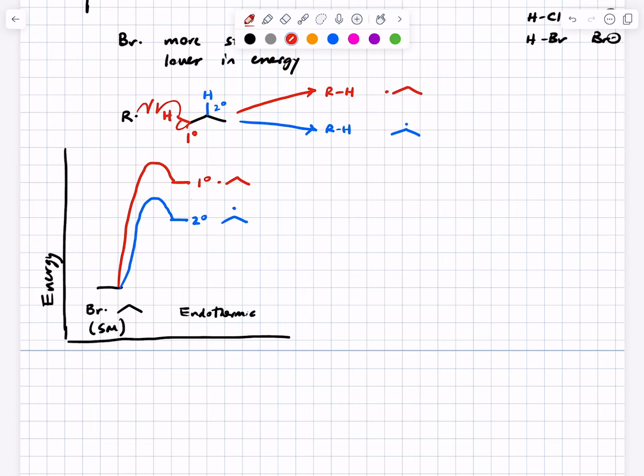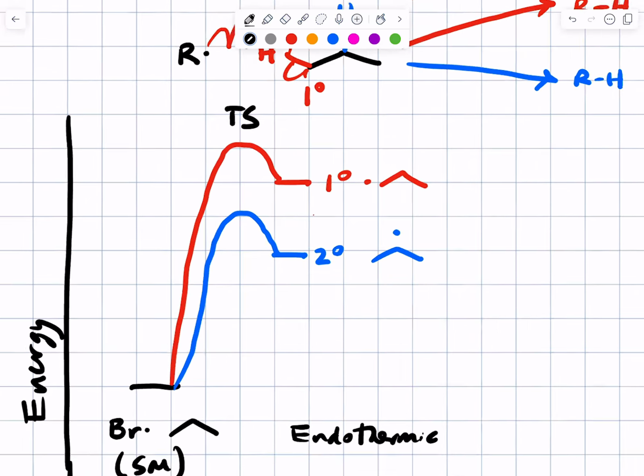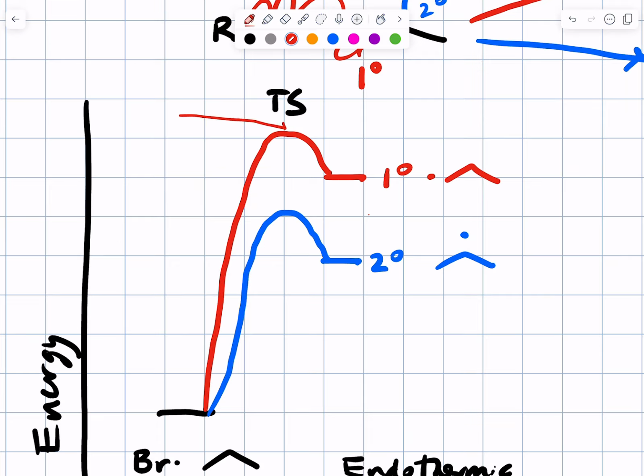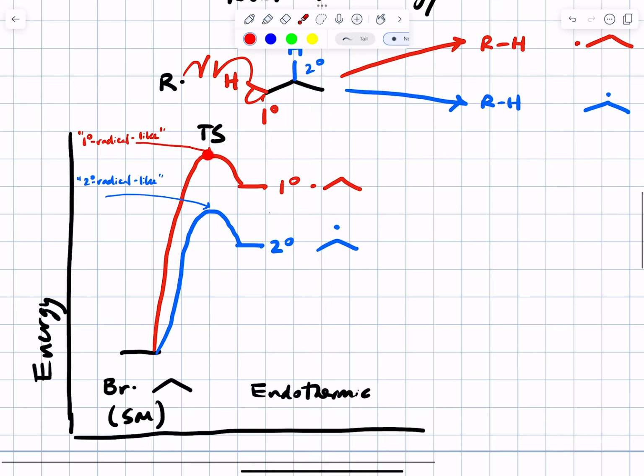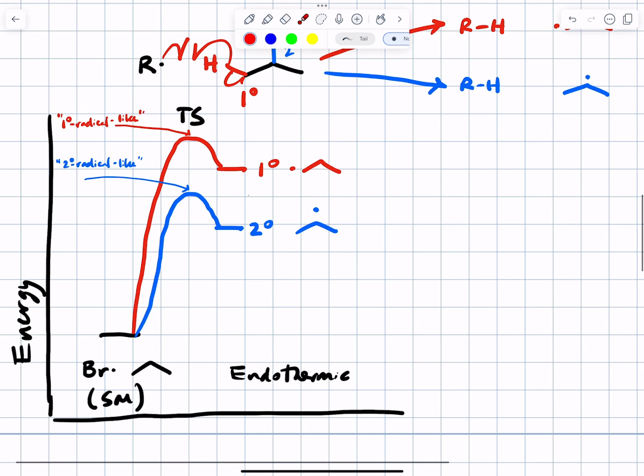In this case, the transition state that leads to the primary radical is very primary radical-like, whereas the transition state leading to the secondary radical is very secondary radical-like, meaning that the transition state that leads to the secondary radical is more stable than the transition state that leads to the primary radical, just as the secondary radical itself is more stable than the primary radical.